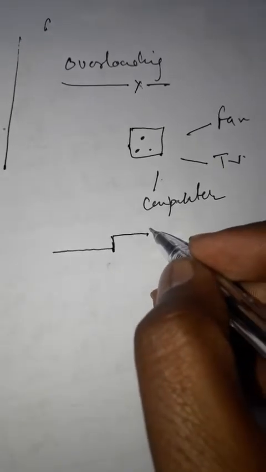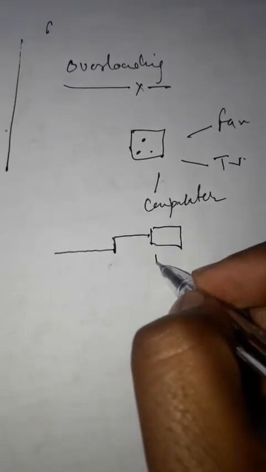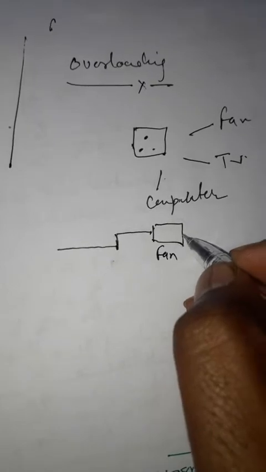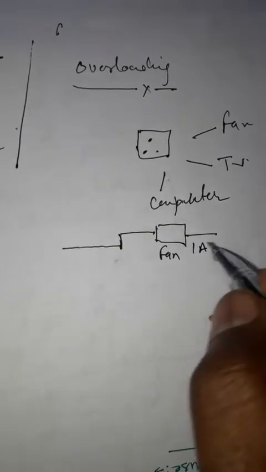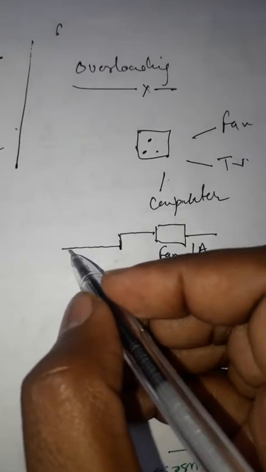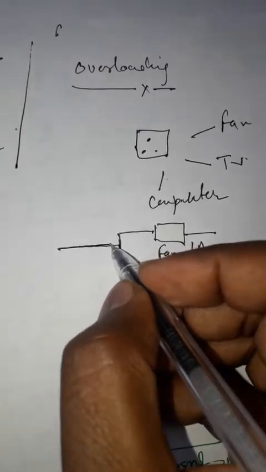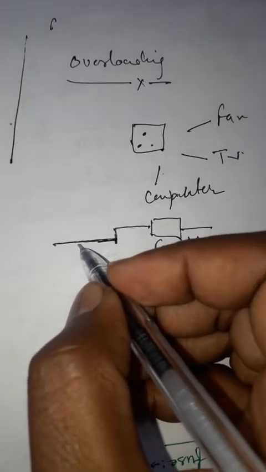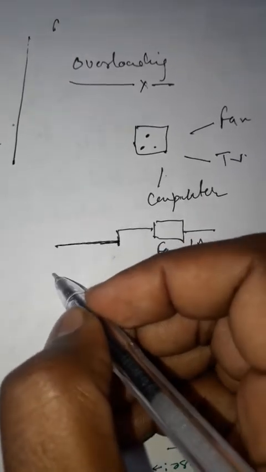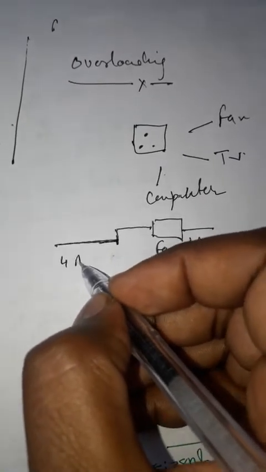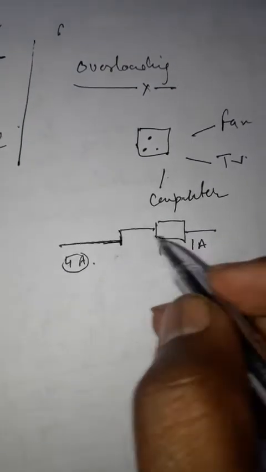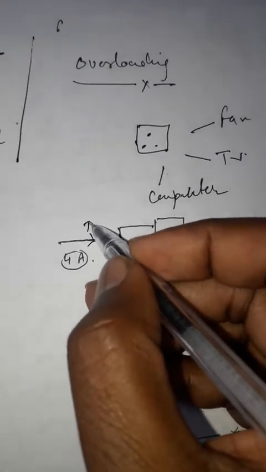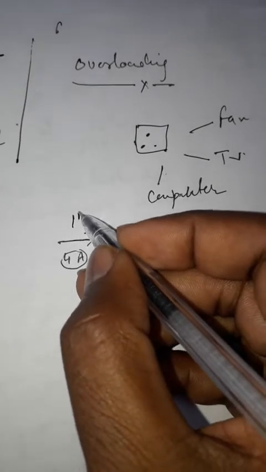Say a fan is attached, and the fan requires 1 ampere of current for its working. Let the maximum limit of this wire fitted in our home circuitry be 4 ampere. When only the fan is attached, only 1 ampere of current is flowing through the circuit.